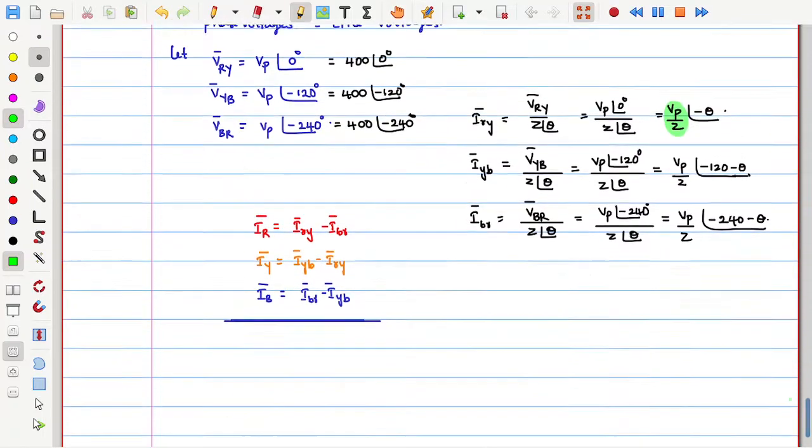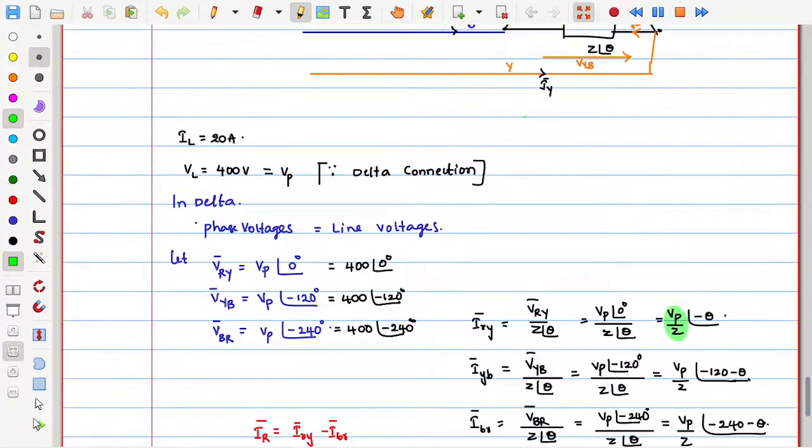Let me write in this way that IP is equal to IL by root 3, which is equal to 20 by root 3. But how can we write IL by root 3, which is IP, as VP by Z, VP by Z, VP by Z.